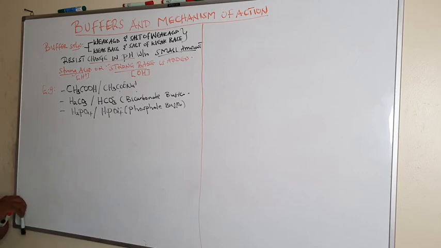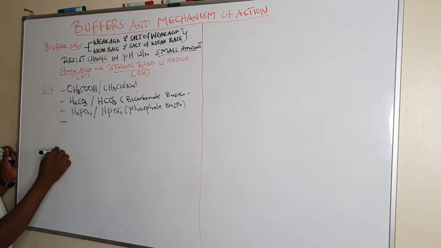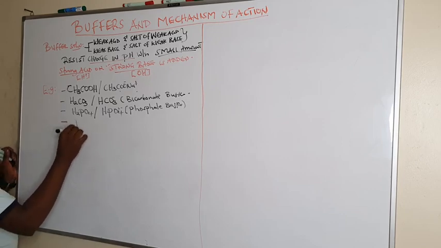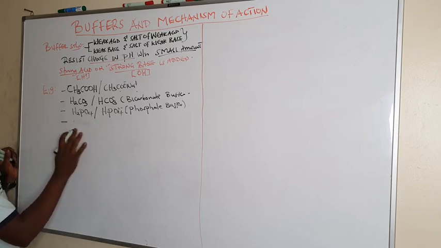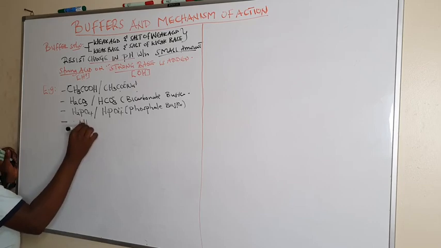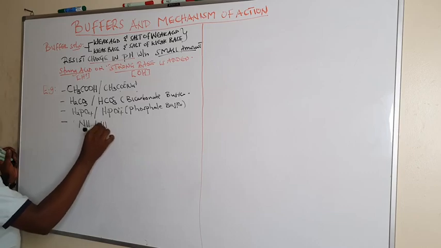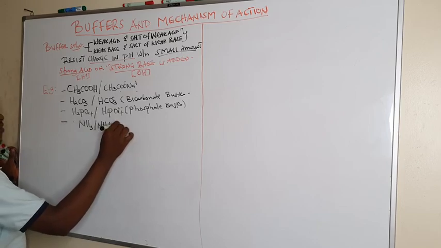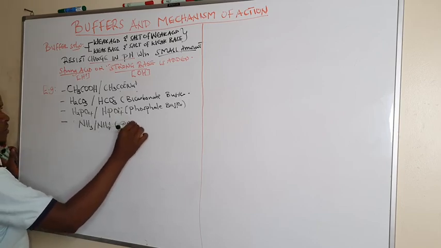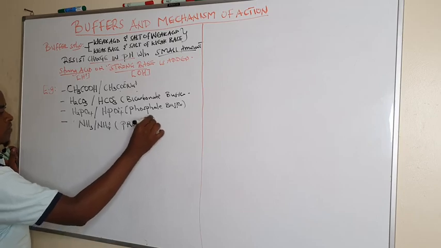Then another example of a buffer system or solution is the protein buffer. In the protein buffer, we have amino acid, amine, together with ammonium ions. This one is called the protein buffer.